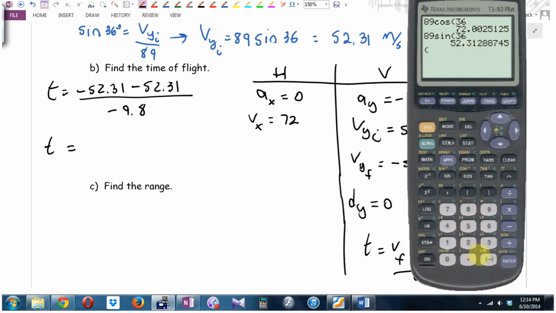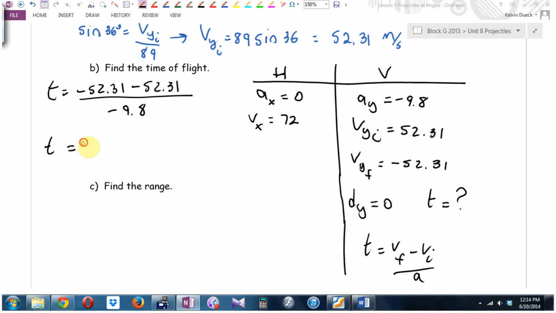So I'm going to go negative answer, negative 52, minus answer, all over negative 9.8. You got a time of flight of 10.67609948. All right. You know what? I'll carry some extra sig figs. I'll go 10.68 seconds.